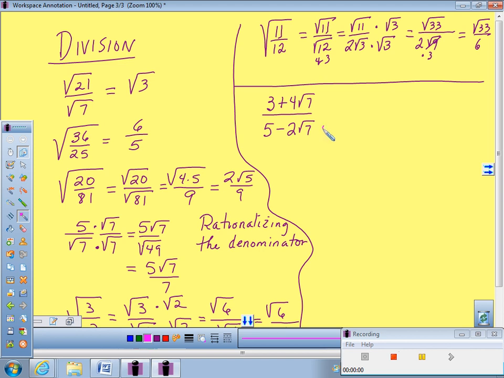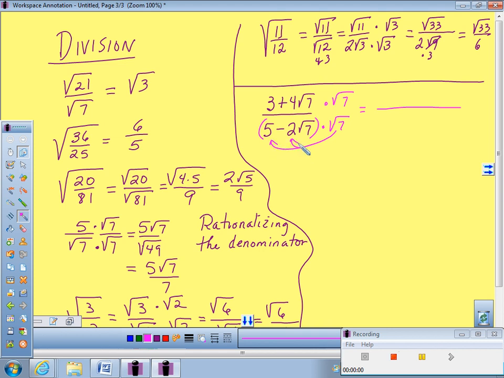If you just go, I'm going to multiply by square root of 7, like we've been doing, watch what happens on the bottom when you do that. Because when I multiply by square root of 7, I have to take it times the entire denominator. It means I have to distribute it to both parts.